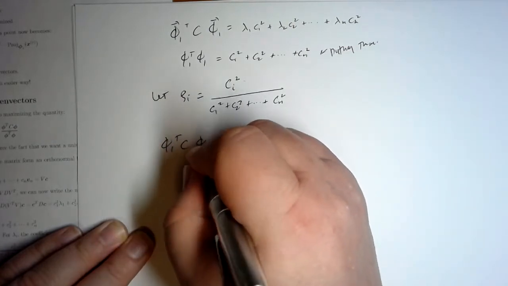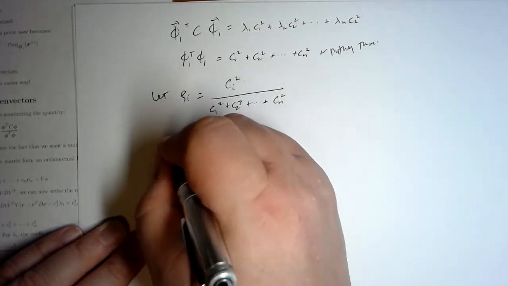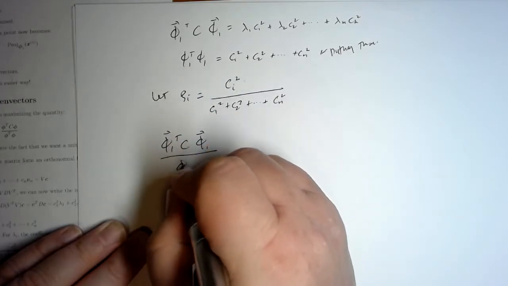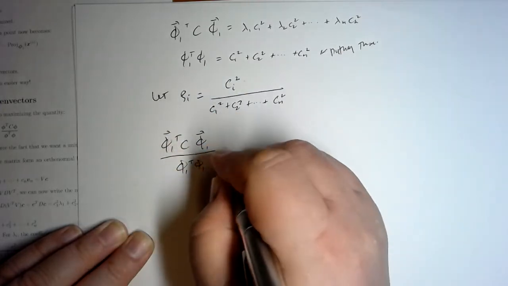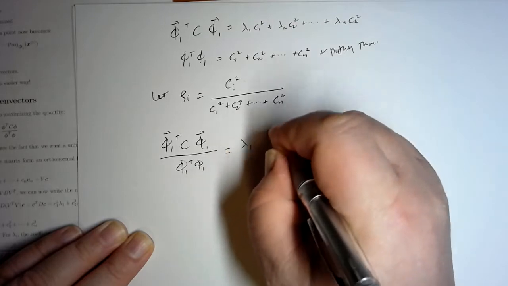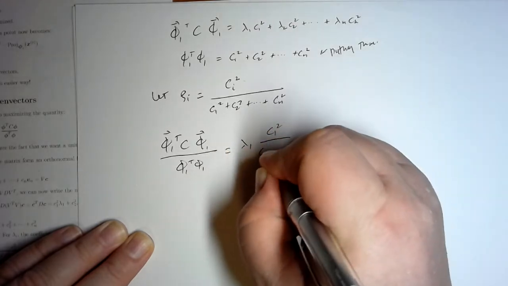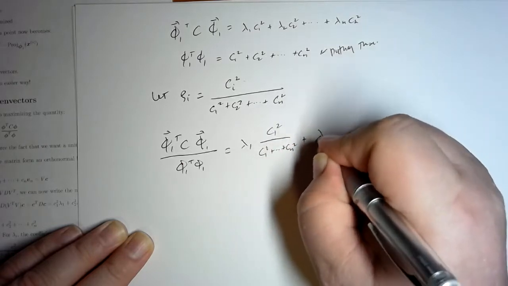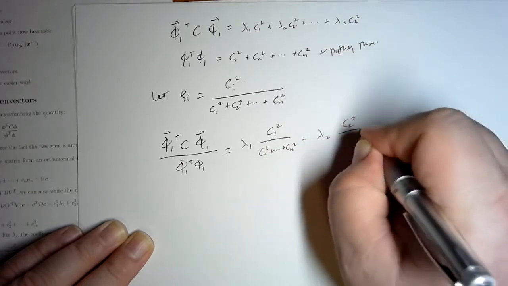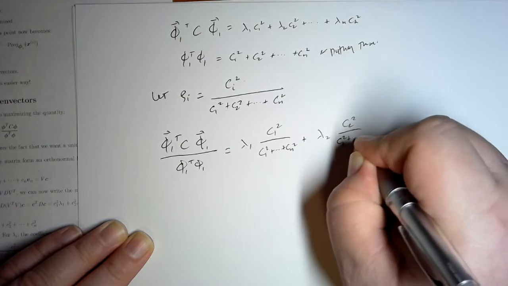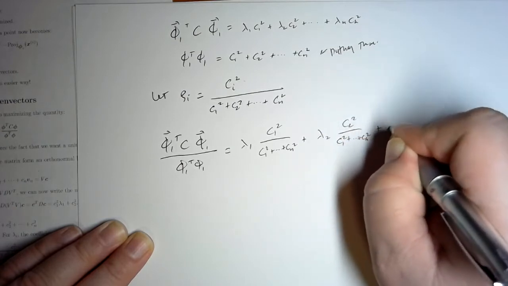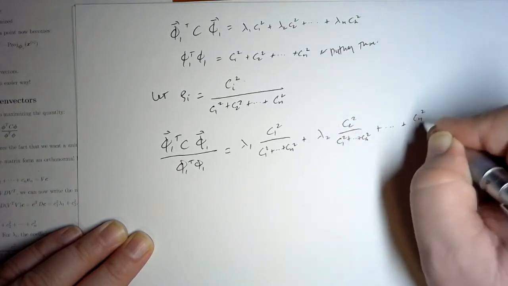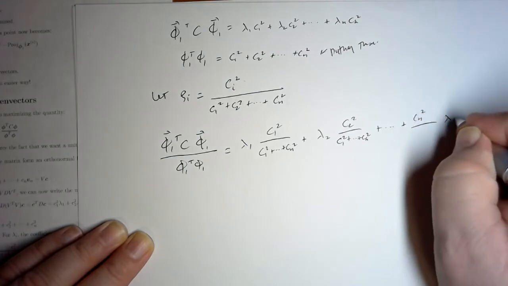Let's see if I can talk. Okay, I'm just going to write. How's that? Okay, that's going to be lambda 1 C1 squared over C1 squared plus Cn squared, plus lambda 2 C2 squared over C1 squared plus Cn squared. Okay, so you see what's happening there. Oops, I forgot my lambda n.